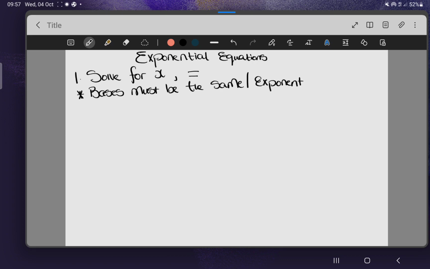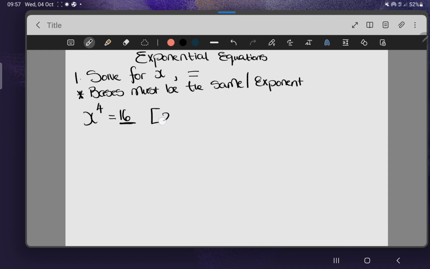So now a quick one will be, say, given that we've got x to the power of 4 equal to 16. Then the question says solve for x. In as much as you see this, it's either the bases are the same or the exponents. So now I'm going to change 16. There are two ways in which I can change 16.